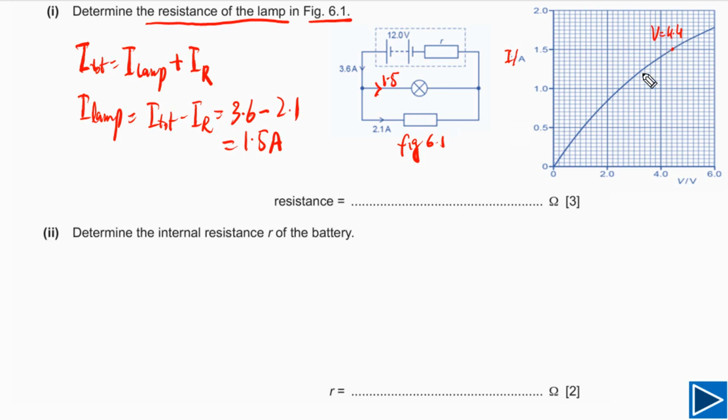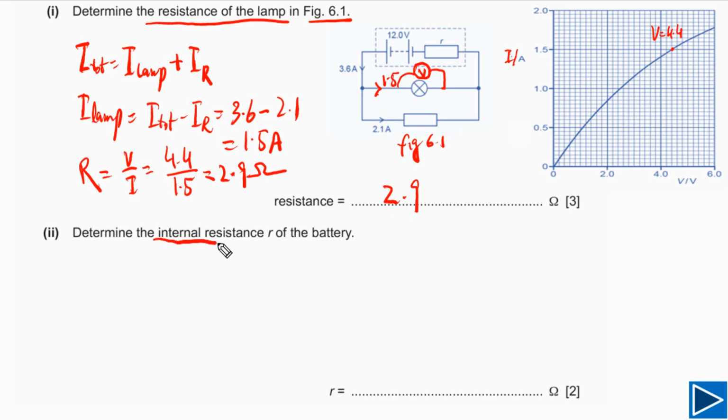Now we have the potential difference across this lamp and the current passing through it, so R we can simply calculate by V over I, meaning we can use Ohm's law. So this is 4.4 divided by 1.5. If we solve this, our final answer will be 2.9 ohms. So we can write down here our final answer is 2.9.